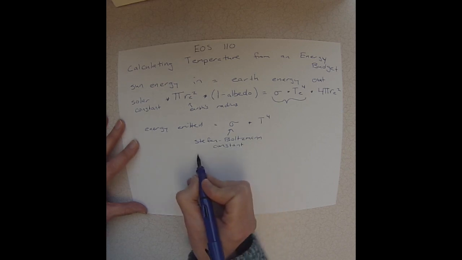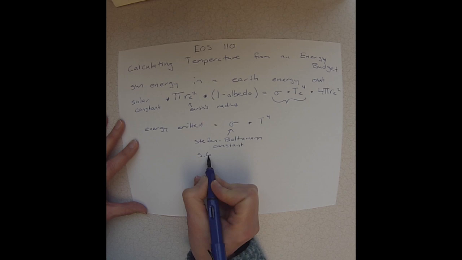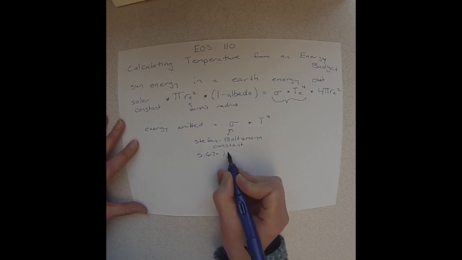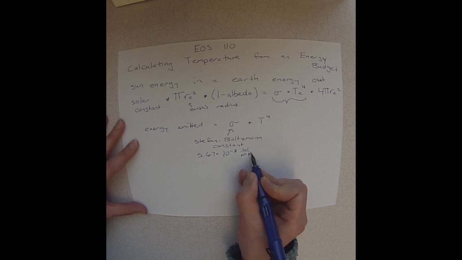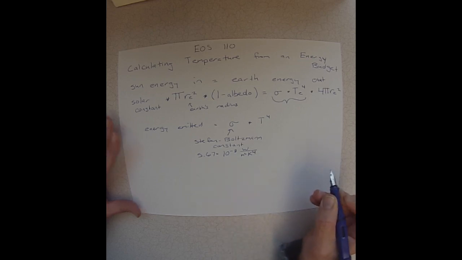The Stefan-Boltzmann constant is equal to 5.67 times 10 to the minus 8 watts per meter squared, Kelvin to the 4th power.